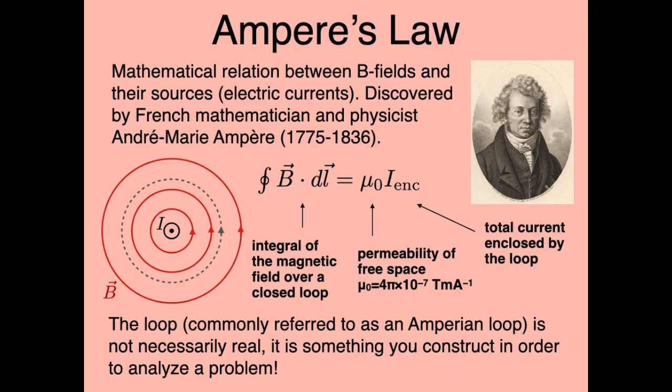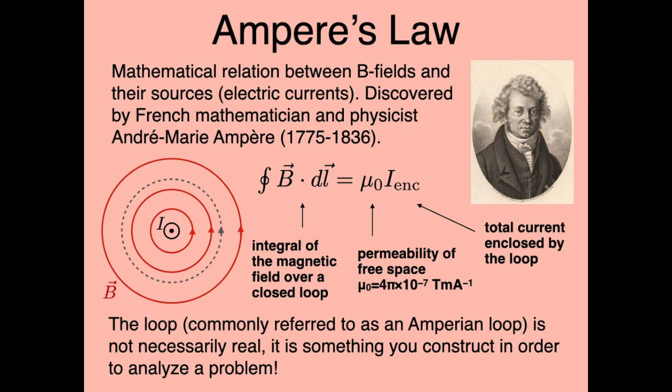Okay, so we've got the basic idea behind Ampere's law, and now we can state exactly what it says and how we can use this. Ampere's law gives you a mathematical relationship between B fields, which are magnetic fields, and the sources, which are electrical currents. This law was discovered in the early 1800s by a French mathematician and physicist whose last name is Ampere.